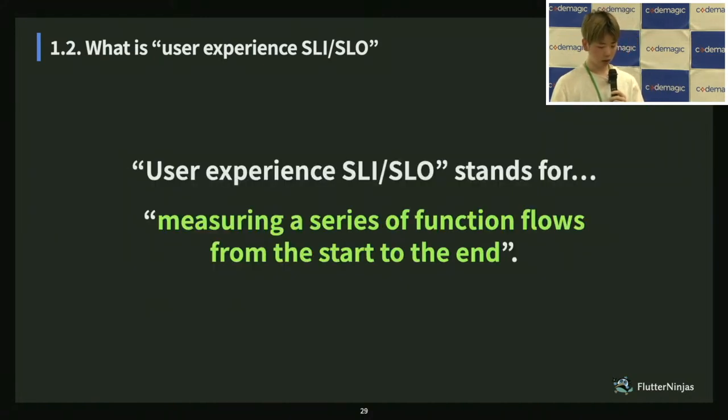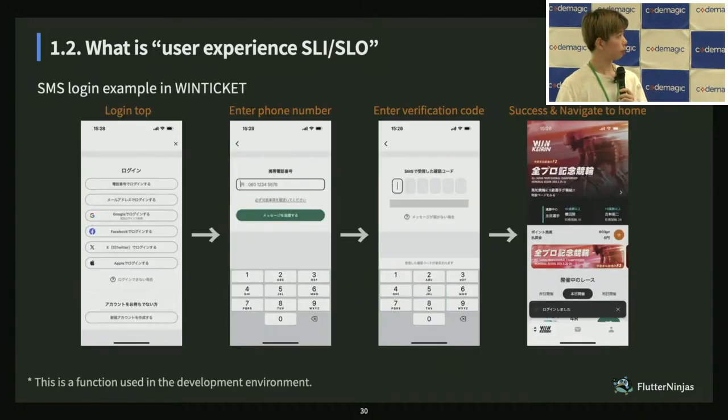Now I will talk about what user experience SLI, SLO is. In one sentence, I would say it is measuring a series of function flows from start to end. I will explain with WinTicket, which I developed at work. Let's look at the SMS login feature flow. The SMS login flow starts by tapping a button on the top page, then entering a phone number and entering a verification code.